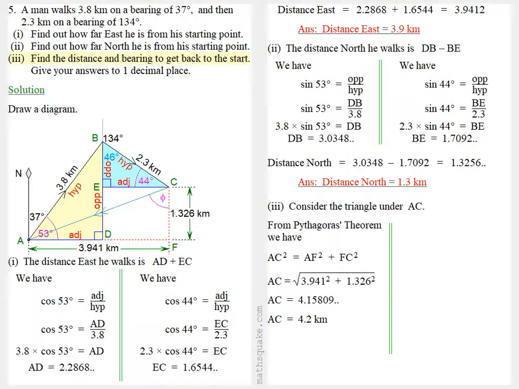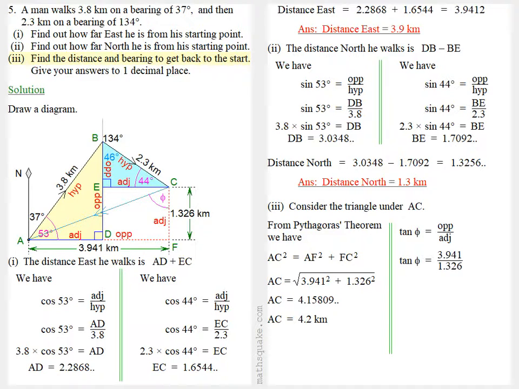Now if we call the angle ACF phi, then we can name the sides. The side AF is opposite the angle phi, and so that's the opposite side. The side FC is next to the angle phi, so that's the adjacent side. And we have the tangent of an angle is the opposite over the adjacent.